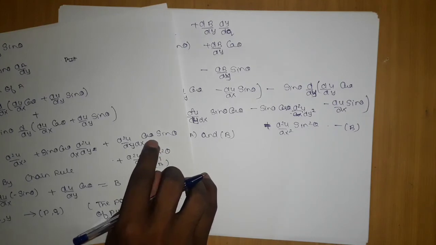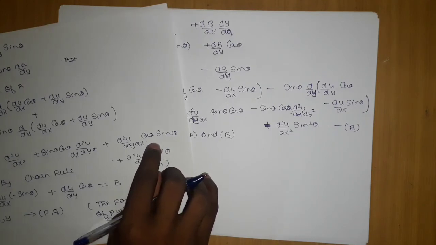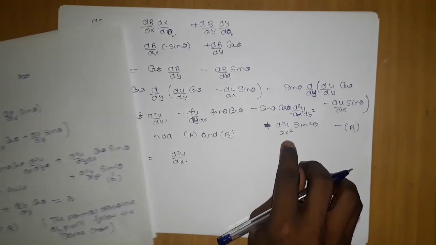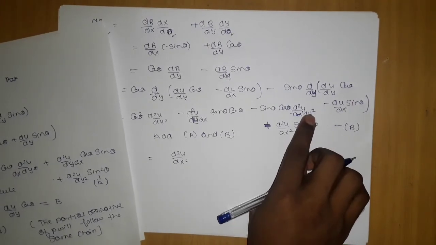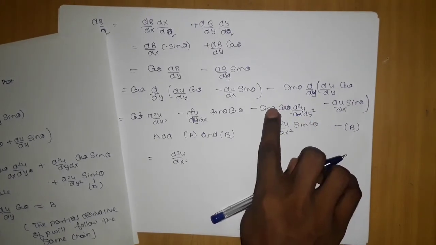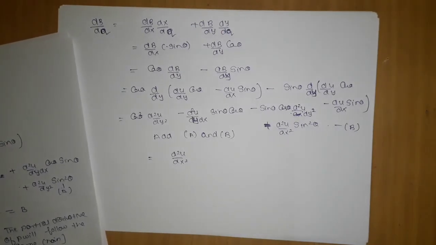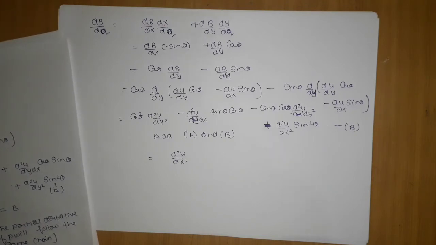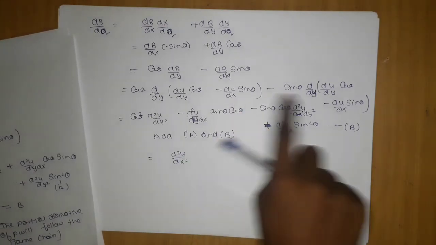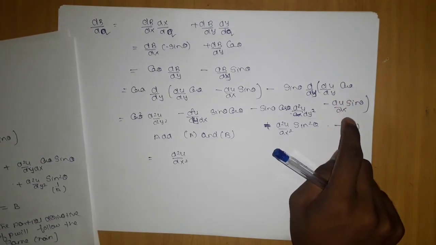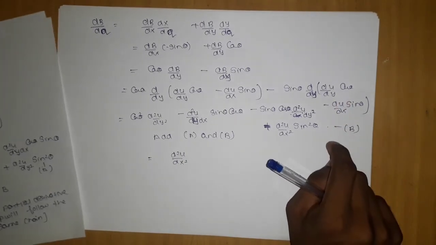Wait, let me check, dou y square theta, it is sin square theta. It is multiplied throughout by sin theta. Here it is multiplied throughout by sin theta.